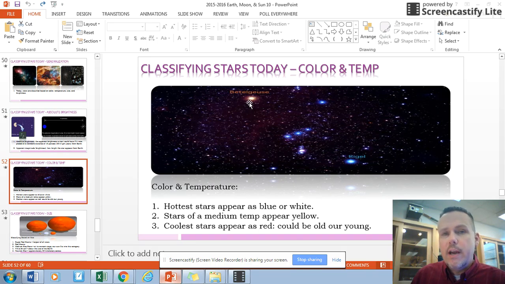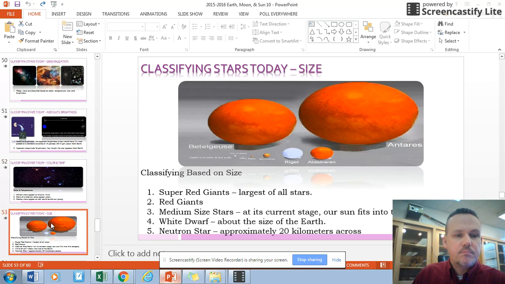Betelgeuse used to burn bright and he used to burn blue, but he used up all his energy relatively quick in astronomical terms. He used up his energy pretty quick and he's on his way out. All right, so again, the bigger you are, the shorter the lifespan. If you're young and you're going to be burning bright, you're going to be burning with a bluish white color.